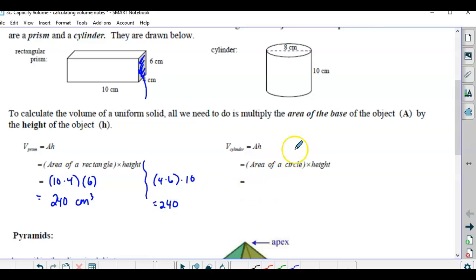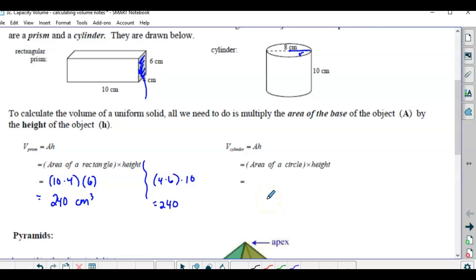For a cylinder, you have to choose the base being the circle, because otherwise there is no base, really. It's a curved surface. So for the area of the circle, we need the radius, so in this case it would be r.